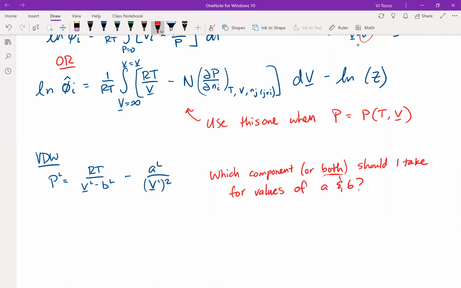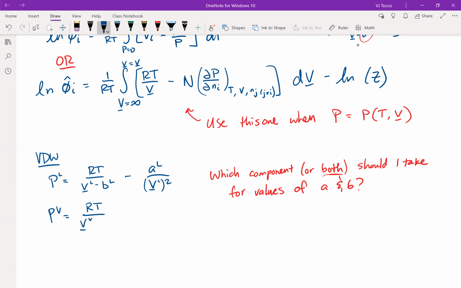You can probably imagine that it depends on what the composition is as well, because a mixture that is 10% component A, 90% component B will behave differently than a mixture that is 90% A and 10% B. Just for completeness' sake, I'm going to write out the van der Waals equation of state for the vapor phase.